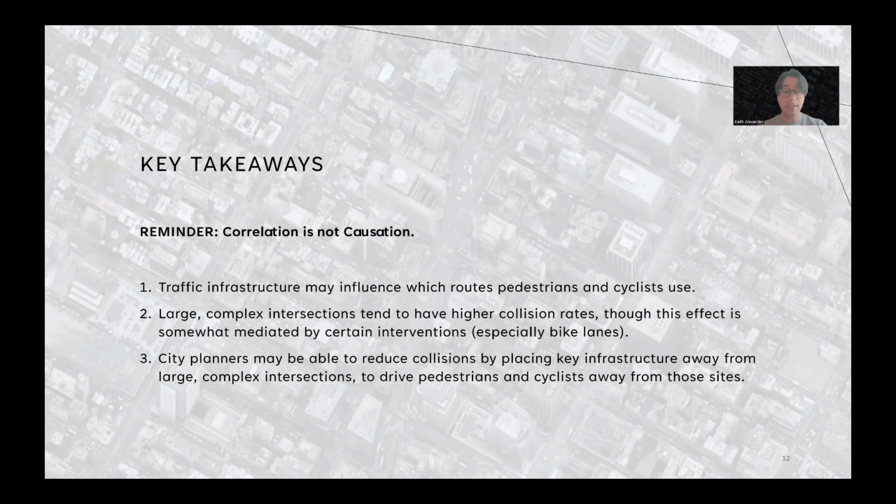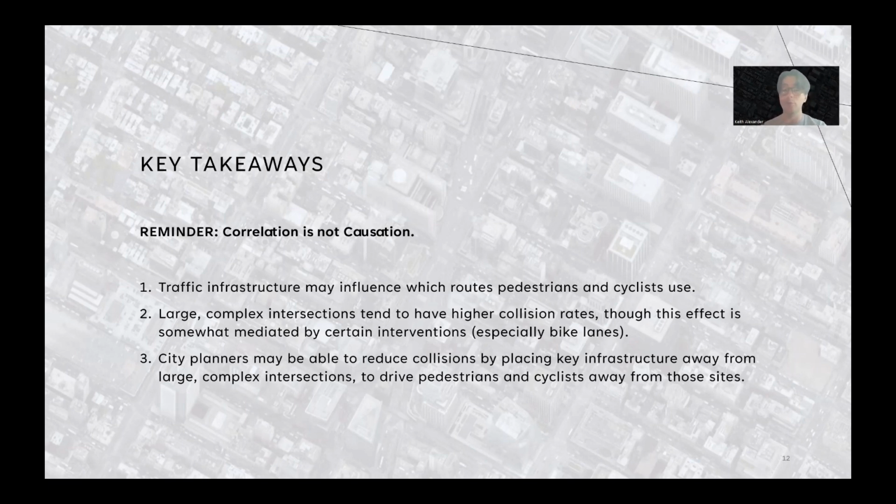So the first key takeaway to highlight is related to the exposure effects that we talked about previously. Despite the attempt to control for that effect, it seems that this exposure element still showed through, which really just highlights how pronounced they are. What that means is that, again, roads where there are bike lanes tend to attract more cyclists.